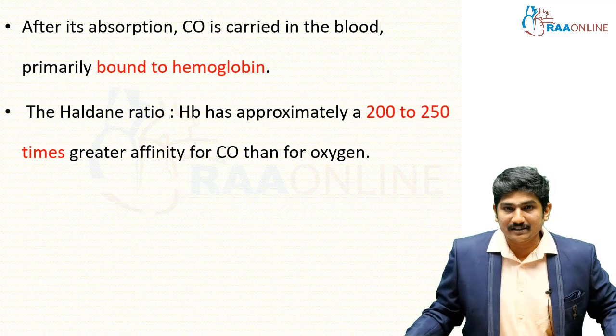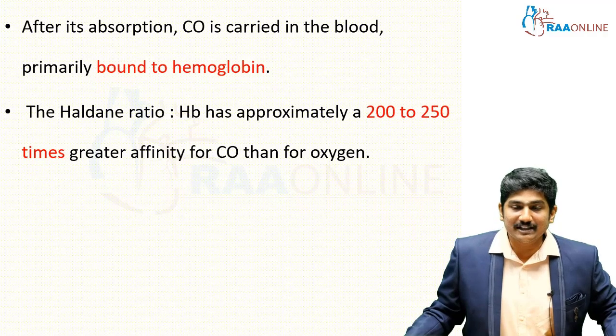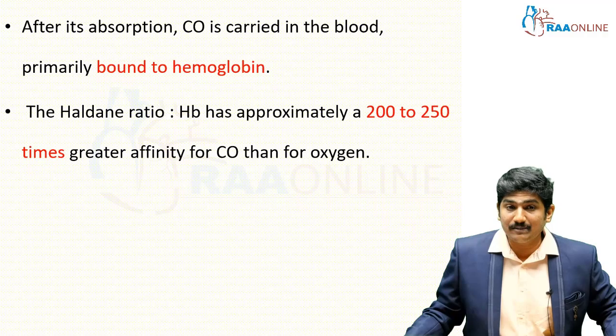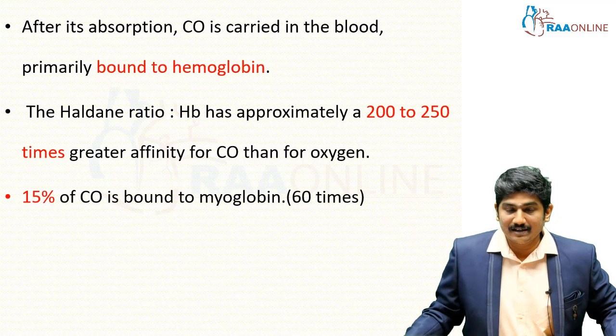After its absorption, carbon monoxide is carried in the blood, primarily bound to hemoglobin. The Haldane ratio tells you that hemoglobin has approximately 200 to 250 times greater affinity for carbon monoxide than oxygen. Moreover, 15% of the carbon monoxide is bound to myoglobin, which favors carbon monoxide over oxygen by 60 times.